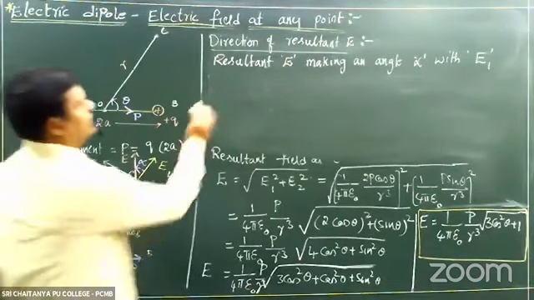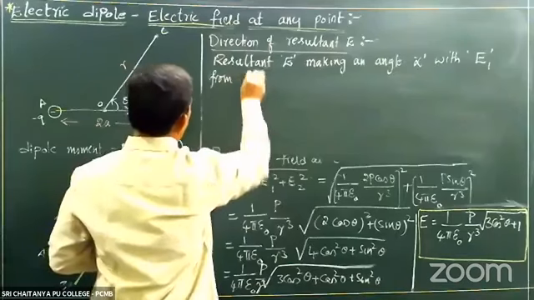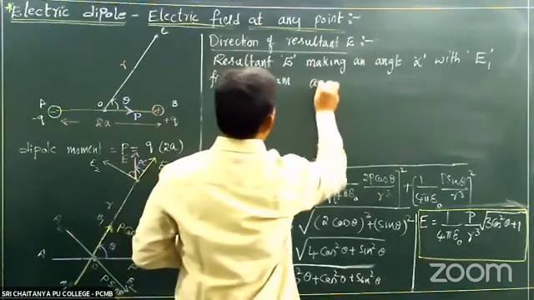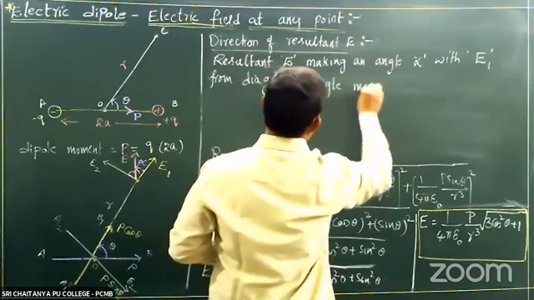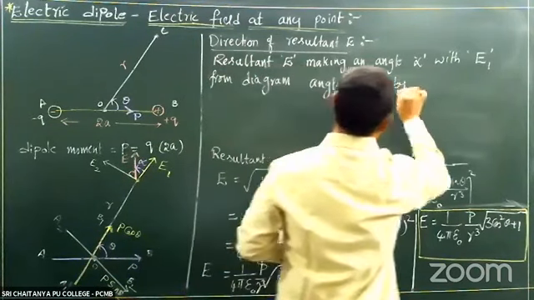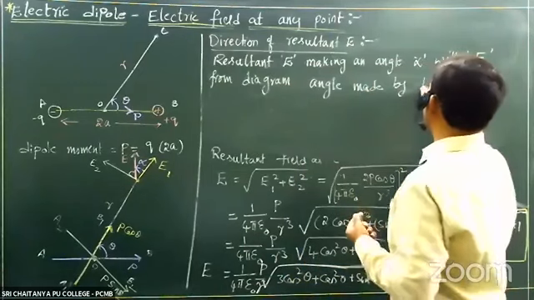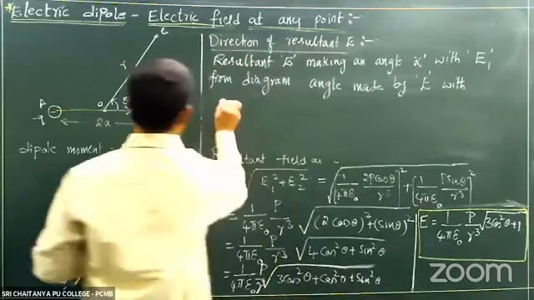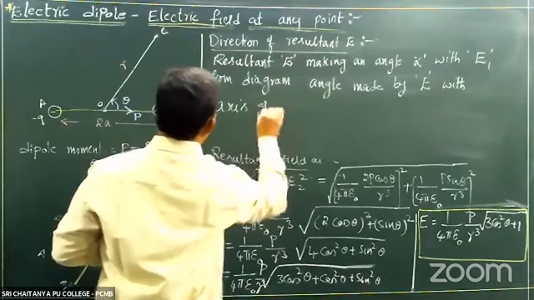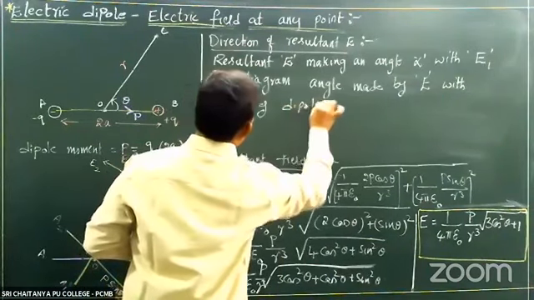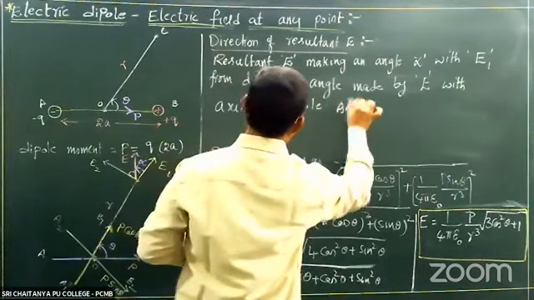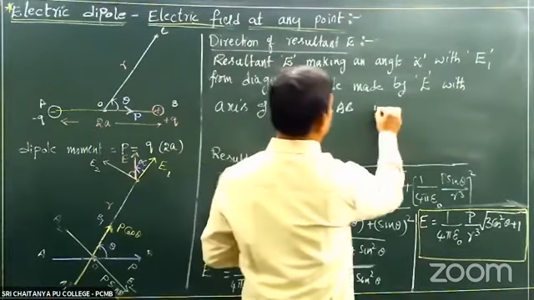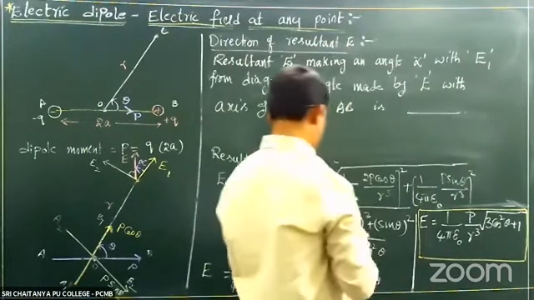Right? So from diagram, angle made by E with the axis of dipole AB is what?